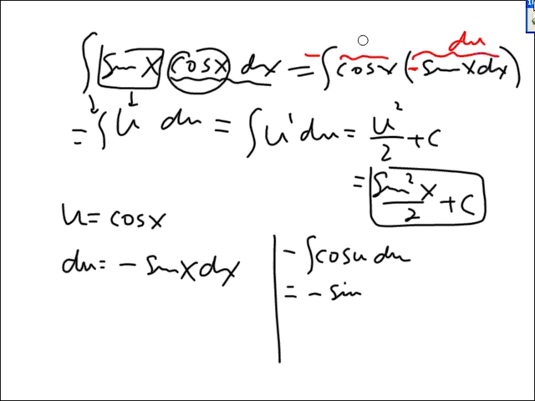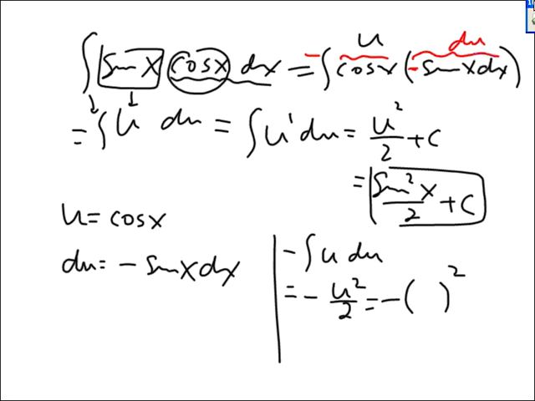We're calling cosine x u, not cosine of u. So we have negative the integral of u du. But that's negative u squared over 2. That is, it's negative u squared over 2 plus C, where u was cosine x.